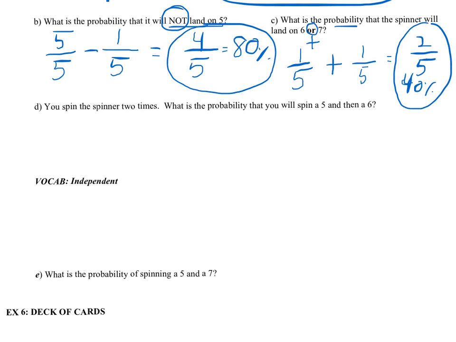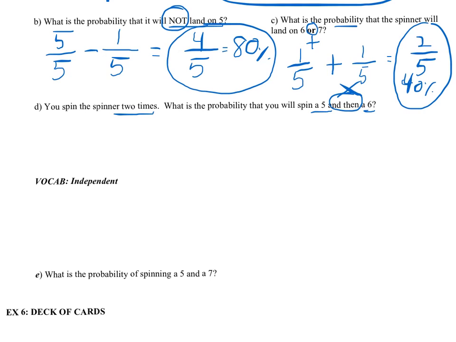Okay, next one. Again, you guys have done this, so go ahead and try this one on your own. Hit pause now. Okay, on this one, we're spinning the spinner 2 times. Okay, so it's a compound event. What is probability that you will spin a 5 and then, tells us we got to multiply, a 6? Okay.